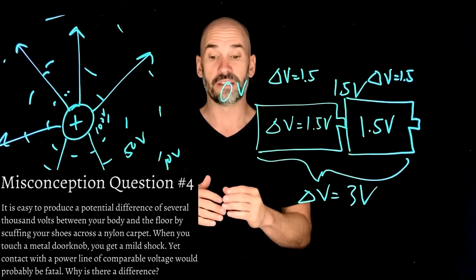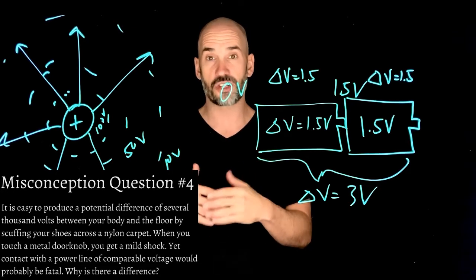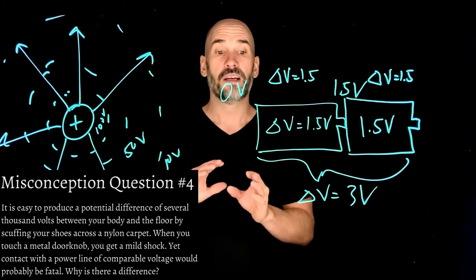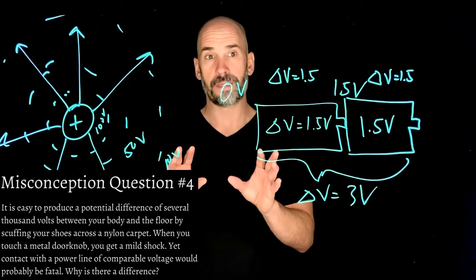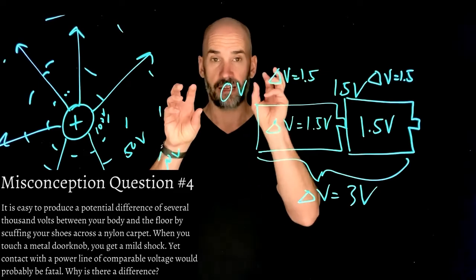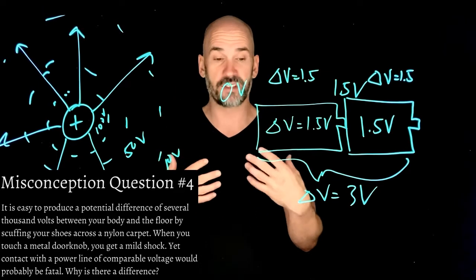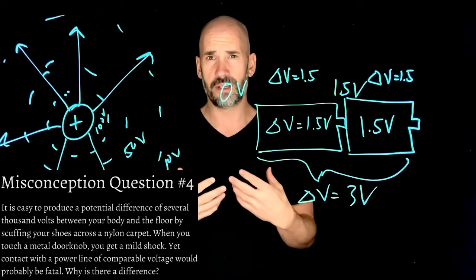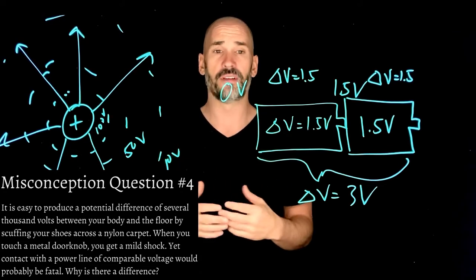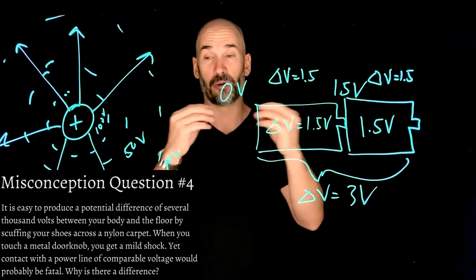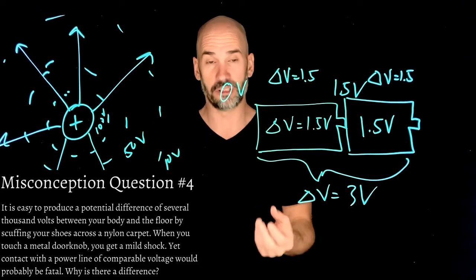It is actually the current, which is the number of charges per second, right? It's the flow of charge, how many charges. Now, there is a direct relationship between potential and current, but if something has a high resistance like our bodies, the current's going to be a little bit smaller than it would be if there's something like a low resistance, like power lines that are conductors designed to have really low resistance.